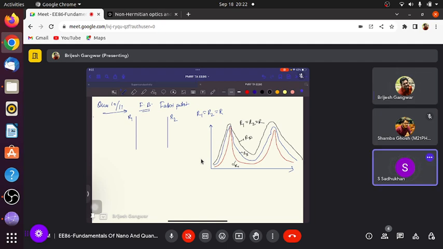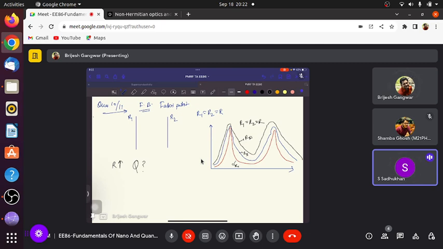Okay. I think RC will be the maximum of them. And if R increases, what about the Q factor? The Q factor will decrease if R is increased.